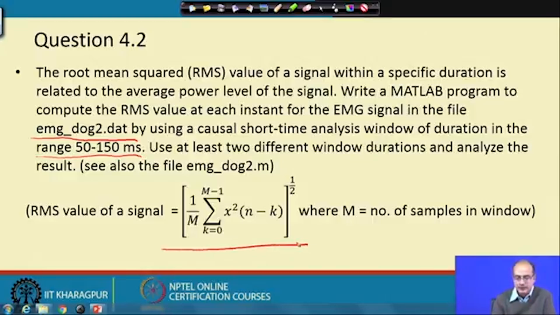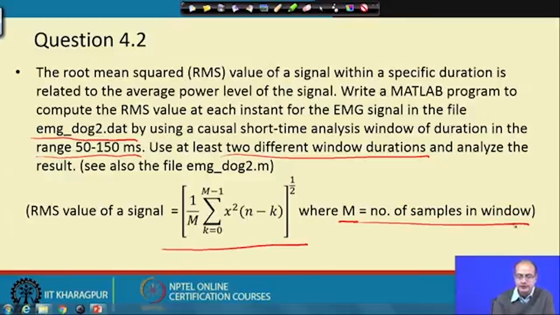How to compute the RMS is also given, and we are told to take at least 2 different window durations so that we can compare. The window gives us how many samples should be within it, that is m.